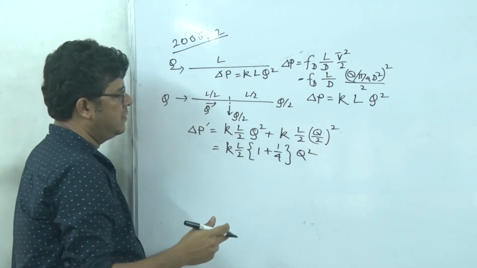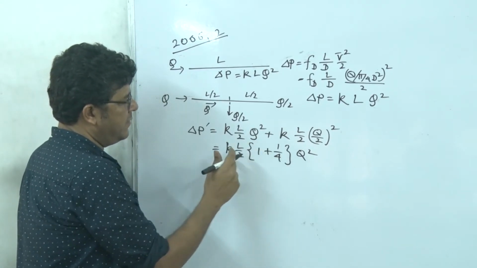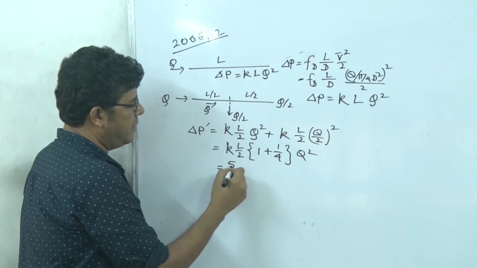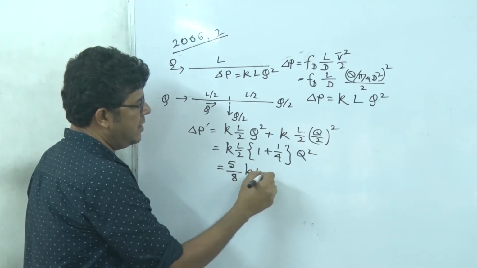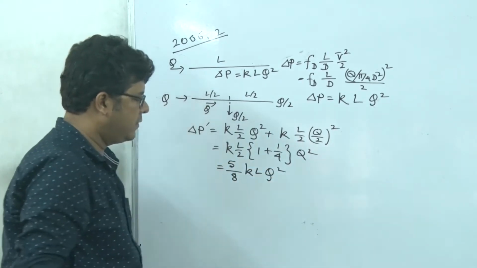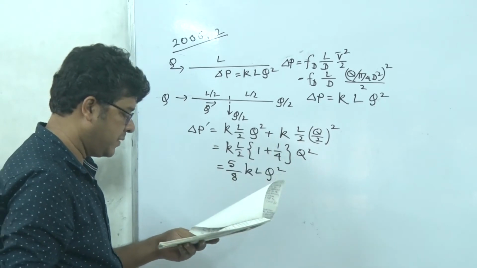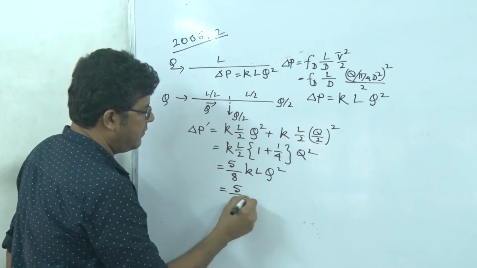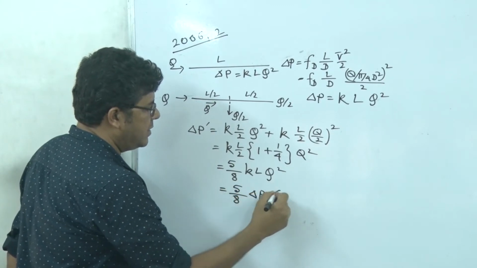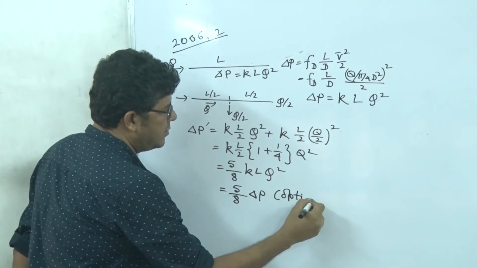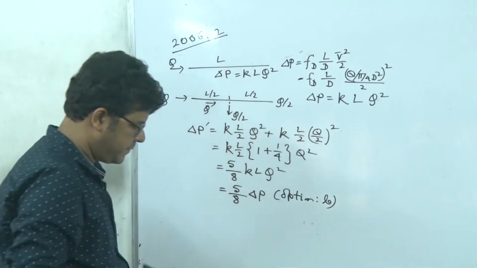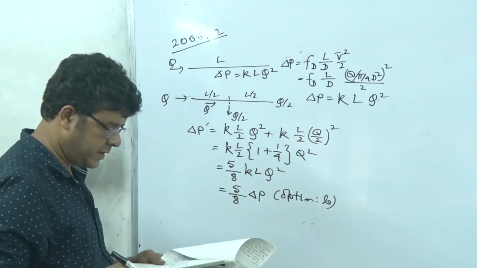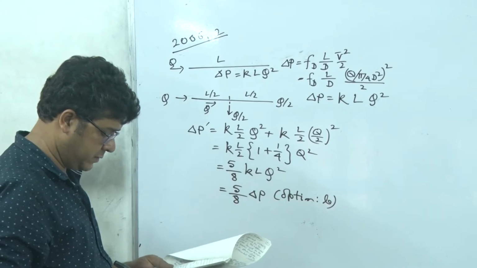So it is 5 by 4, so 5 by 8 K L Q square. So in the new situation, the pressure drop will be 5 by 8 delta P. Option B is right here. This was the 2006 2 marks question.